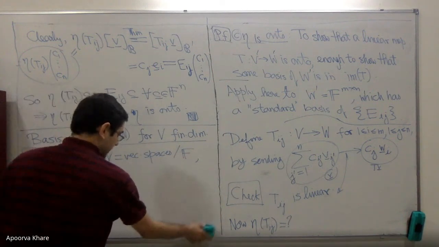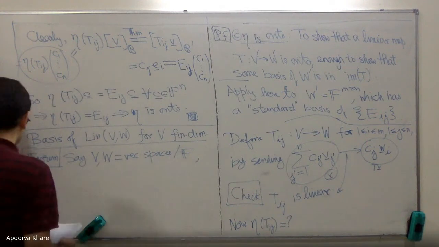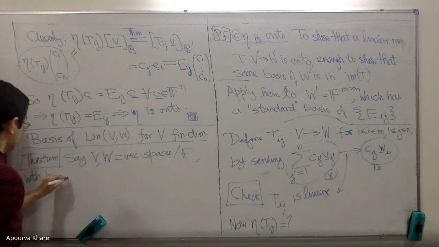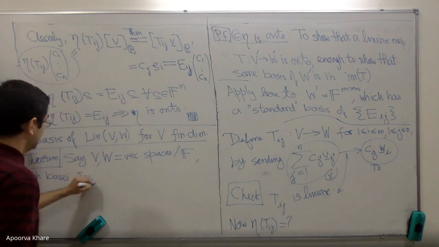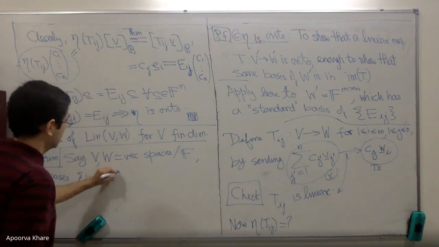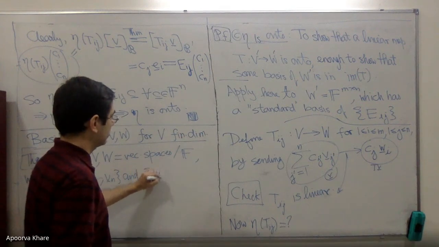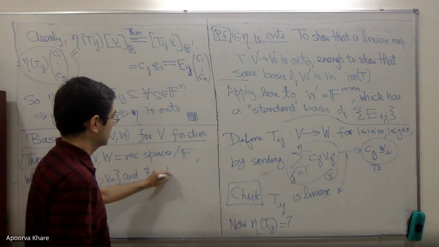With bases V1, ..., Vn, and as I said, every vector space has a basis if you believe in the axiom of choice.